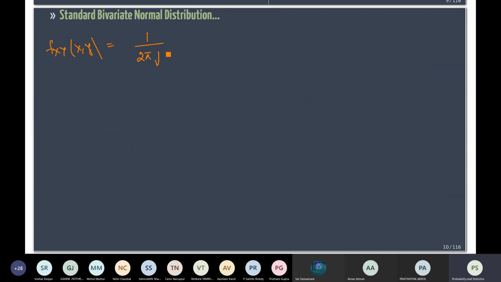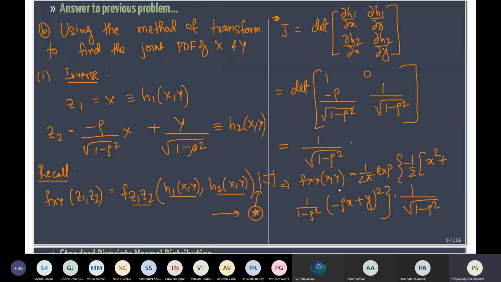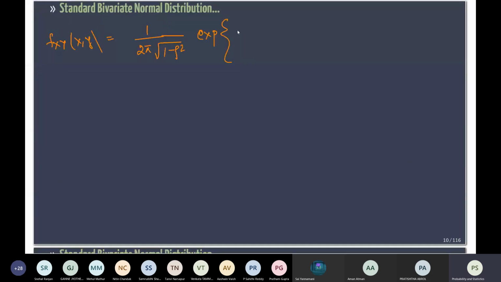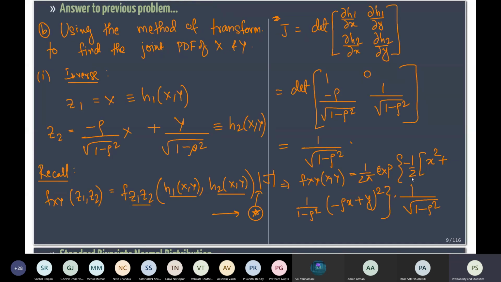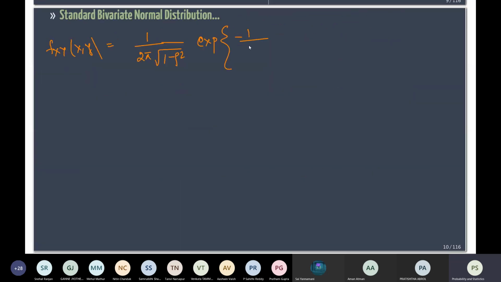We keep it here, and then we had the exponential term. So for the exponential term, let us say I take minus 1 by 1 minus rho square common. But then there is a 2 also, right? So I can take 2 also common.